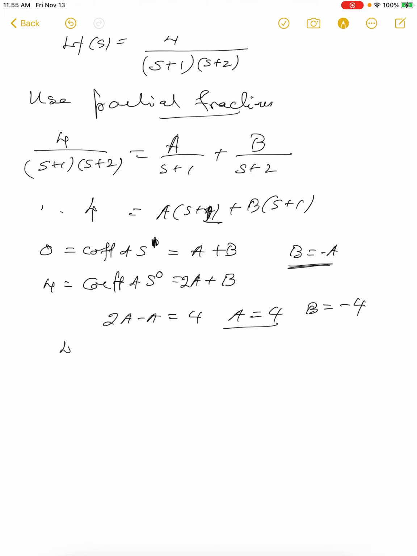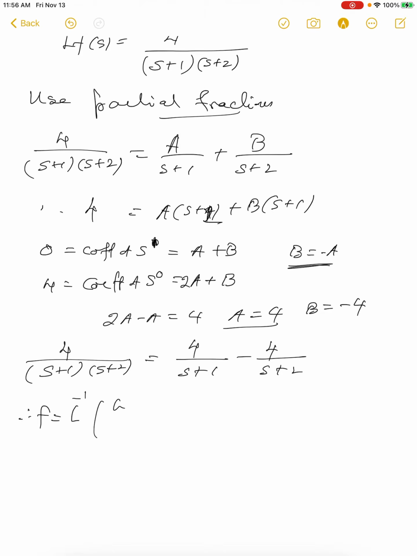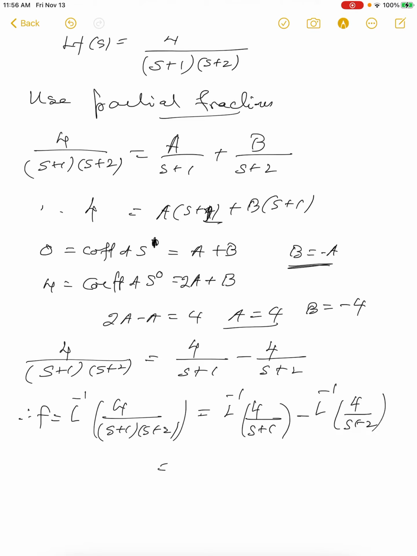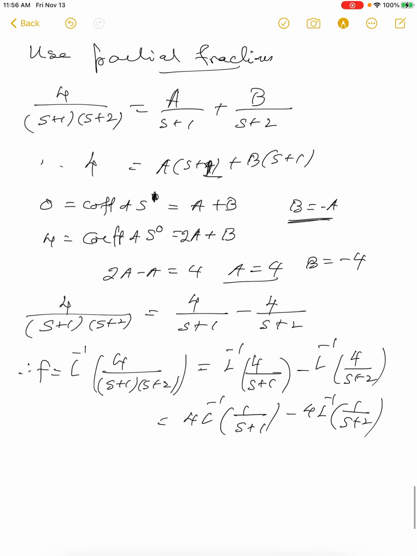So that gives me the partial fractions of 4 over s plus 1 times s plus 2 as 4 over s plus 1 minus 4 over s plus 2. Therefore, f, which is the inverse transform of 4 by s plus 1 times s plus 2, is L inverse of 4 by s plus 1 minus L inverse of 4 by s plus 2, which is, 4 comes out, L inverse of 1 over s plus 1 minus 4 times L inverse of 1 over s plus 2.